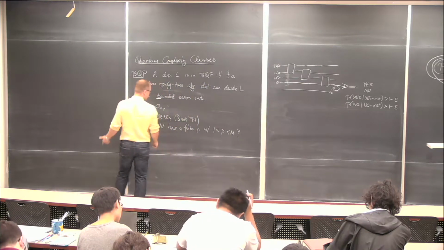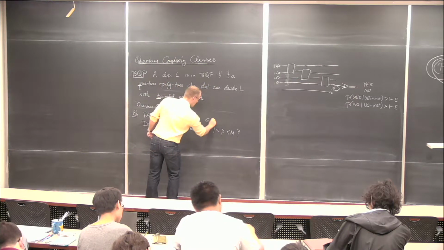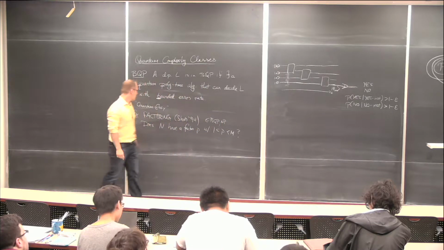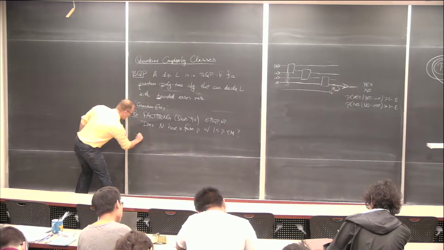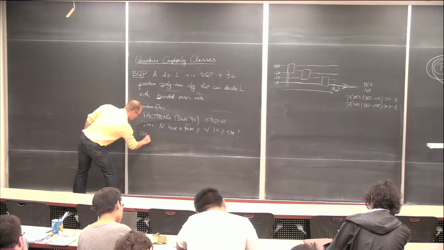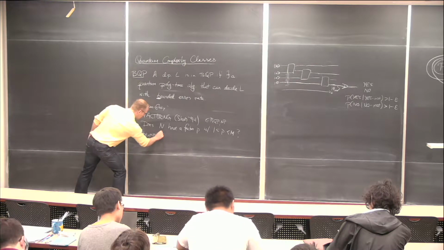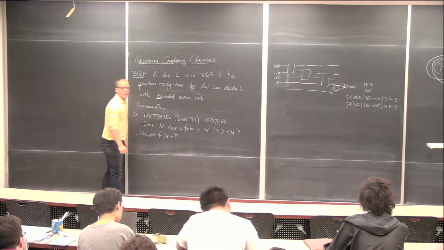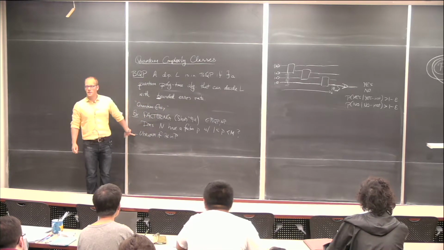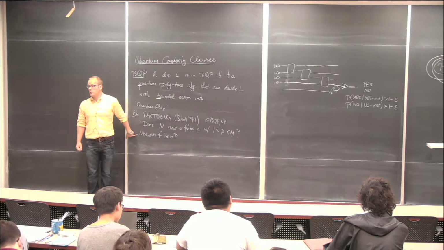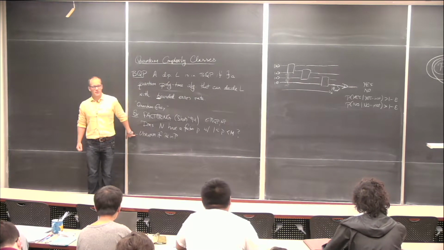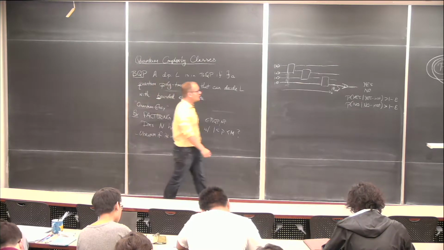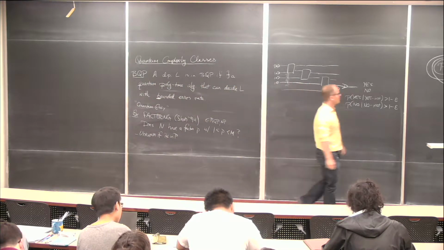It's in NP. In NP, it is unknown if it's in P, because we don't know an algorithm to do it in poly time doesn't mean there doesn't exist an algorithm, right? So this is kind of the conjectural picture.